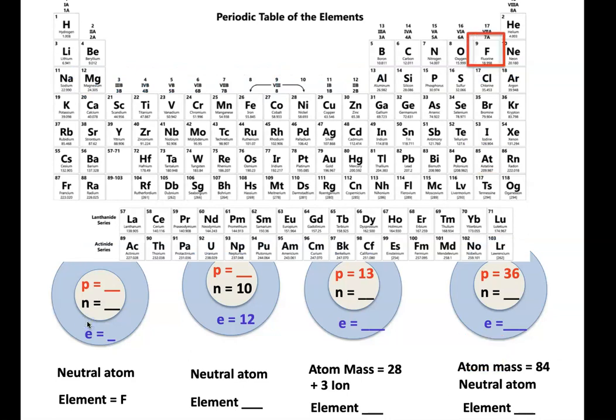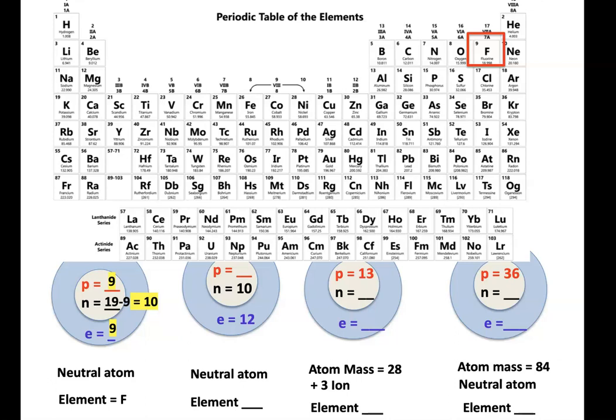It's right there, and it has 9 protons. Atomic number is 9. So you're going to put 9 there and 9 for electrons. And you can find the number of neutrons roughly because it's a whole number. The average atomic mass of this element is 18.99, which means 19. So you're going to subtract 9, the number of protons, from 19, and you get 10.